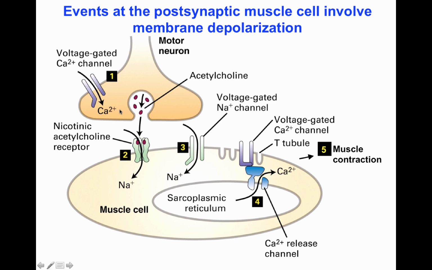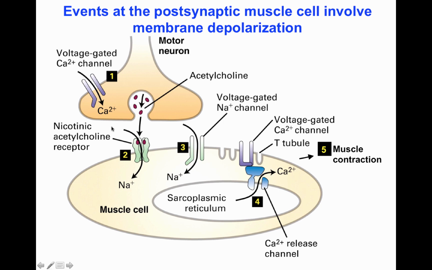The influx of localized calcium is going to help fuse the synaptic vesicles present in the synapse terminal to the membrane, and therefore release acetylcholine from the synaptic vesicles into the synaptic cleft.